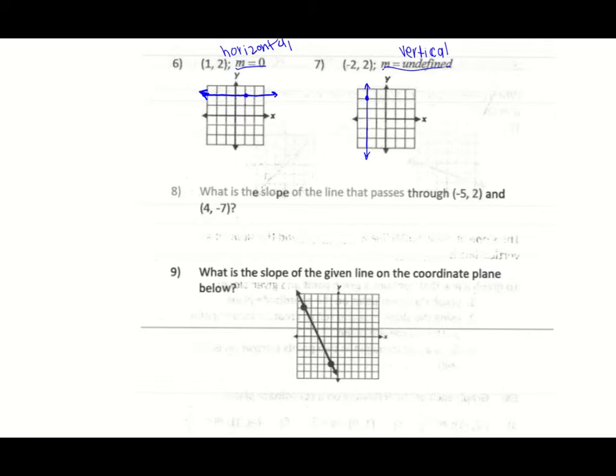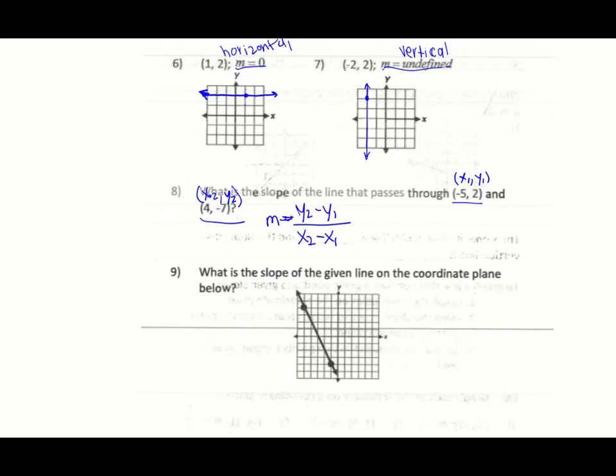Okay, number 8. We talked about this in our last section. What is the slope of the line that passes through negative 5, 2 and 4, negative 7? So we need to use our slope formula, y2 minus y1 over x2 minus x1. So I'm going to write my points here. I have x1, y1, and x2, y2. So I can plug those in.